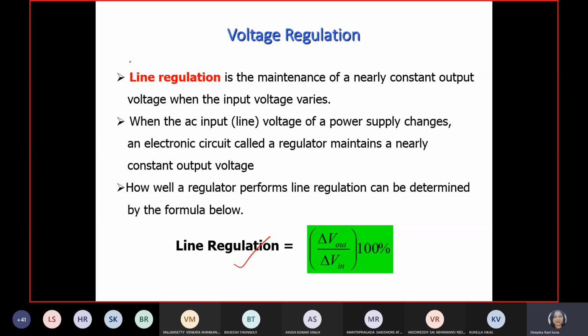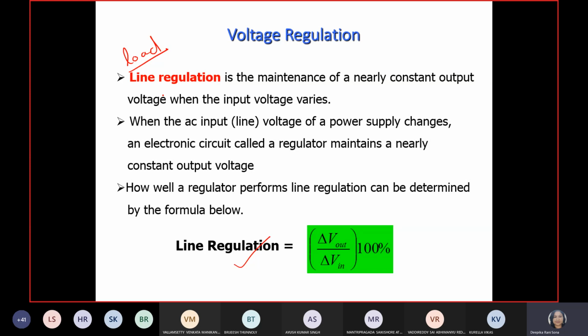Similarly, for load regulation, two things are available: voltage regulation, line and load. When we call this load regulation, we have to see that a change in the applied load current should not affect the generated output voltage from the voltage regulator.